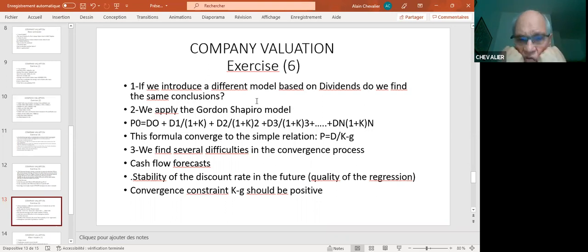Another point which is quite important, and this is a question mark, is the stability of the discount rate in the future. You see, for example, in formula point 2 here, the Gordon-Shapiro model, at the end we obtain the same value for K through the years.